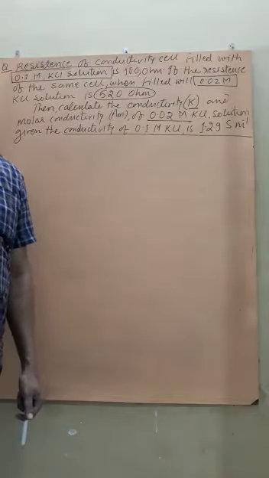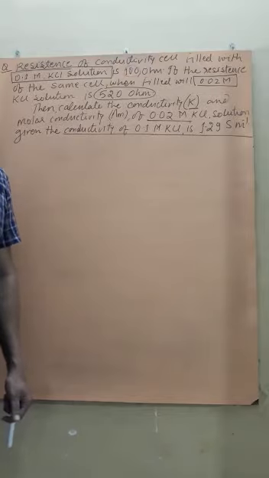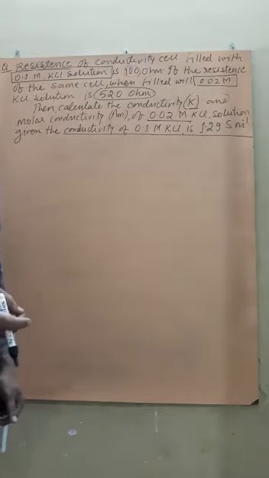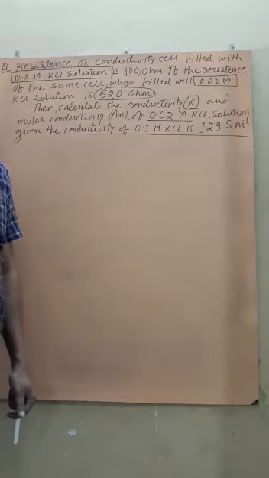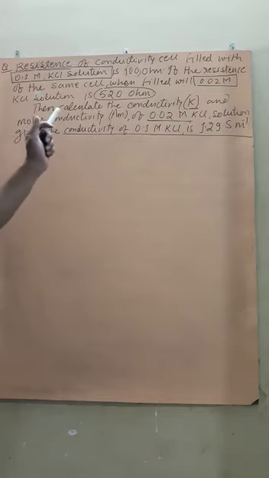Student, conductivity is the reciprocal of resistivity, and to find resistivity we require what? Length and area of cross section. But here the area of cross section and the length are not given.